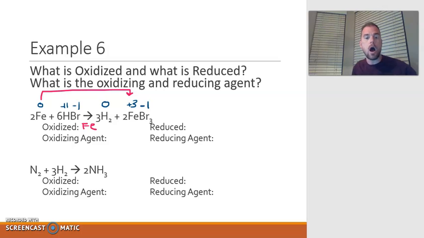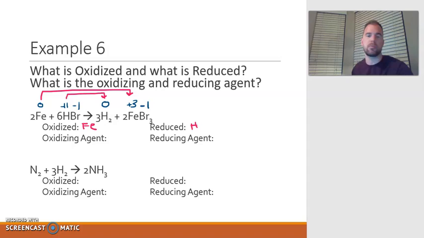Hydrogen went from +1 down to 0. So hydrogen's charge went down, and that means it was reduced. Notice in this example that bromine was -1 on the reactant side and -1 on the product side. So bromine was a spectator, not part of the reaction at all, kind of like how chlorine was in the previous example.